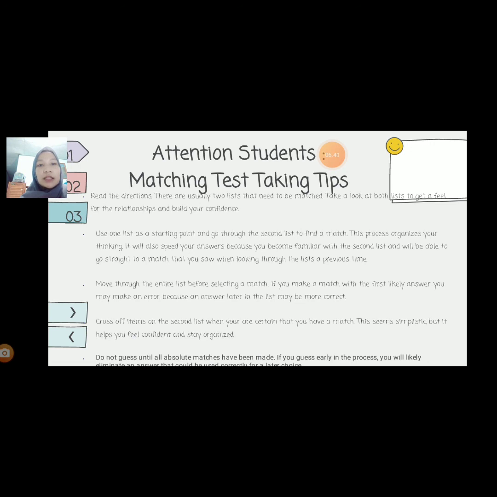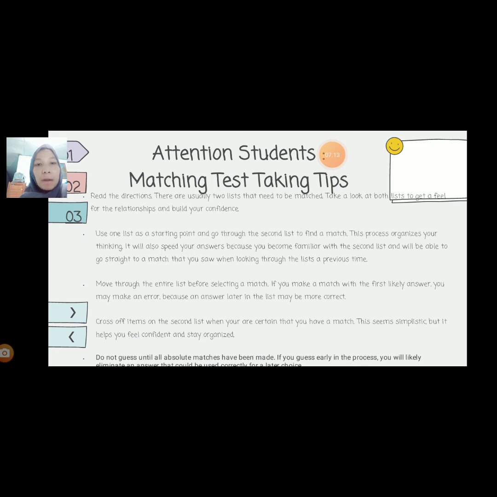Use one list as a starting point and go through the second list to find a match. This process organizes your thinking. It will also speed up your answers because you will become familiar with the second list and will be able to go straight to a match that you saw when looking through the list a previous time.